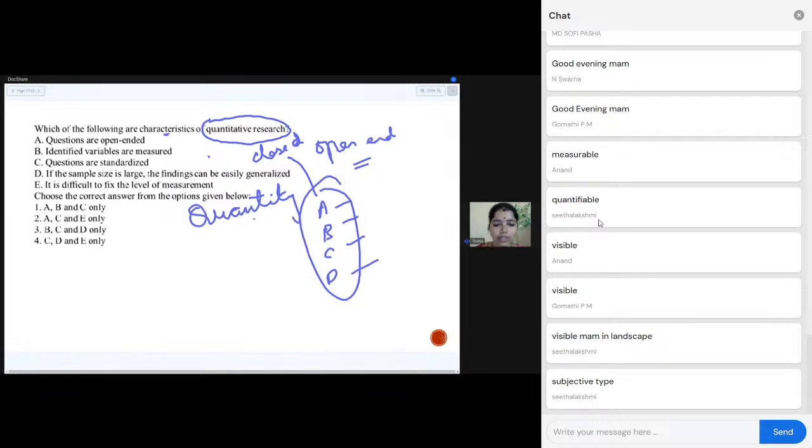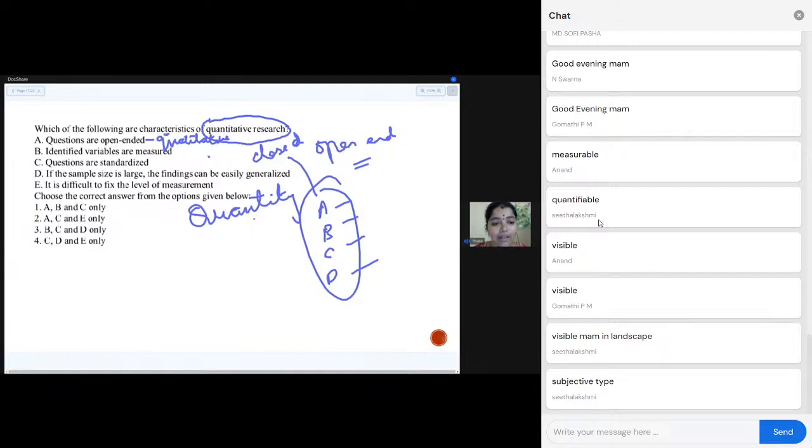Have you seen surveys? There they give closed-ended questions, A, B, C or D. I can't give anything more than that. So open-ended questions are not a characteristic of quantitative research. It is a characteristic of qualitative research. So this will not come under this category.